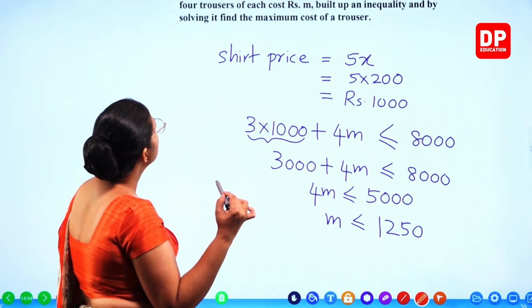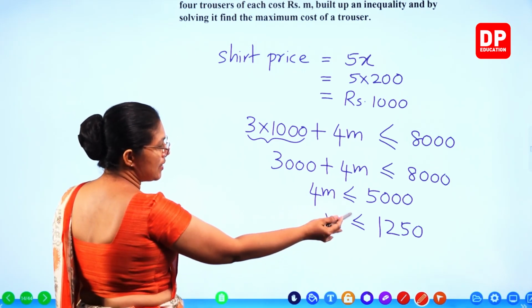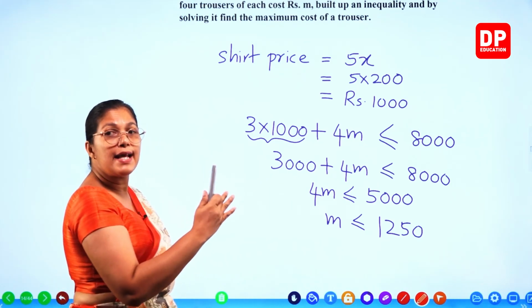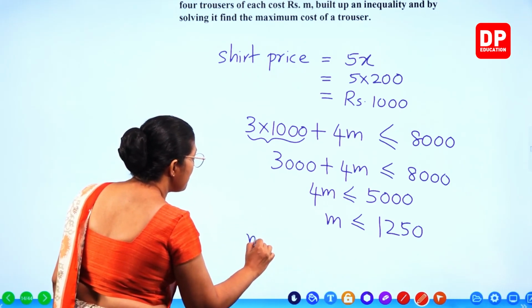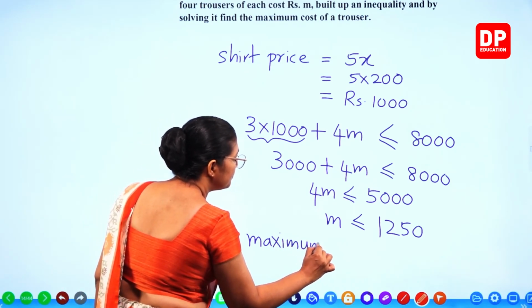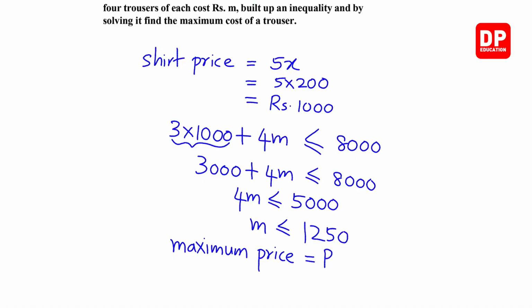That means what's the maximum? Maximum value is 1250 rupees because all the other values are less than that. So the maximum price is 1250 rupees for a trouser.